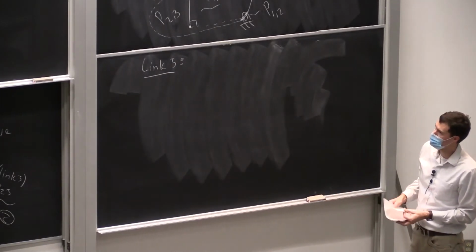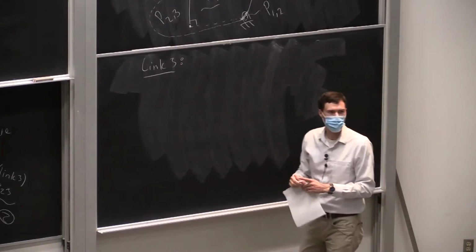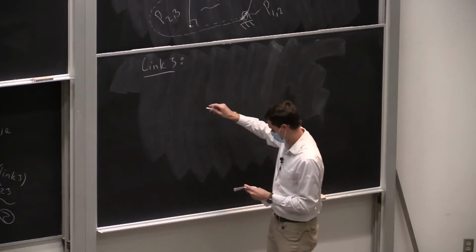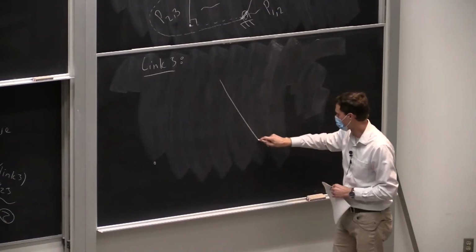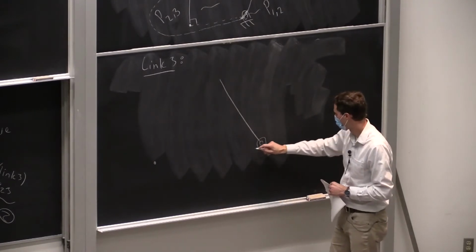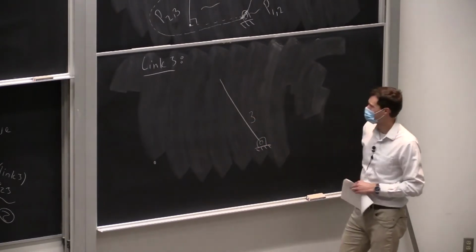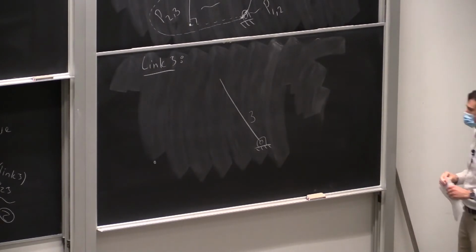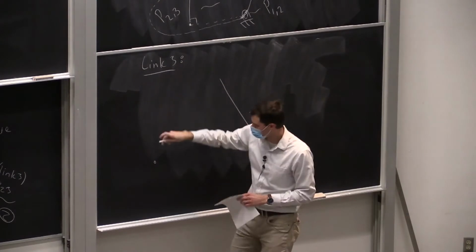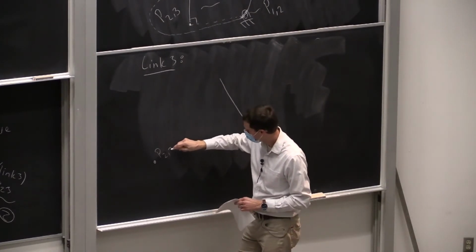I need just one more chalkboard here. Okay, so here's our point, P23, and here's our link 3, just isolated by itself. Our point of interest is P23 over here.